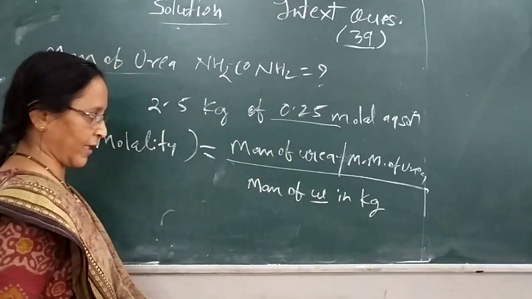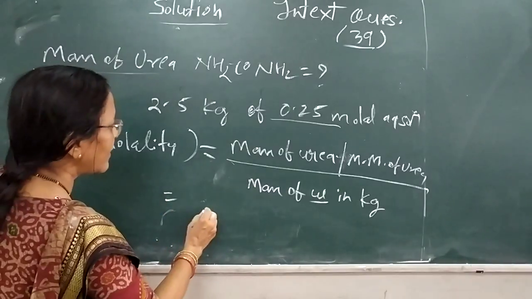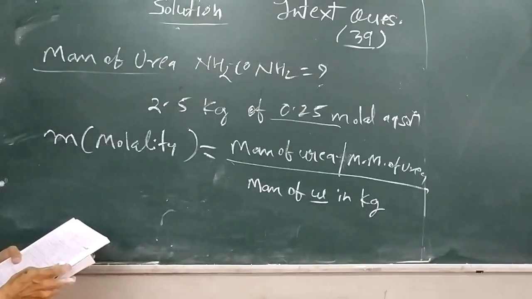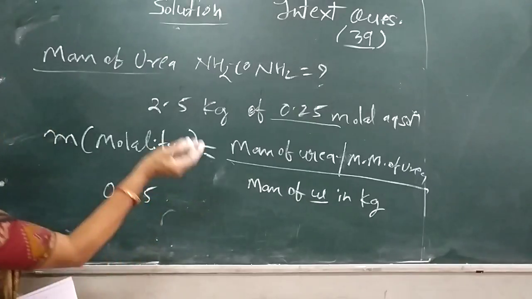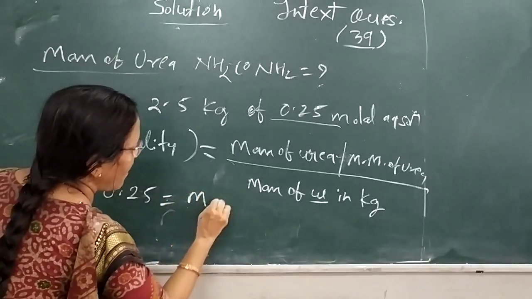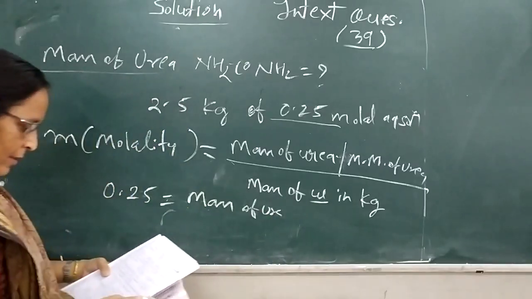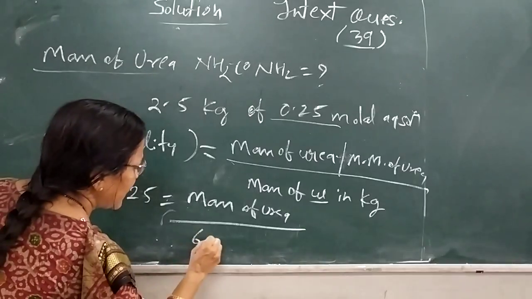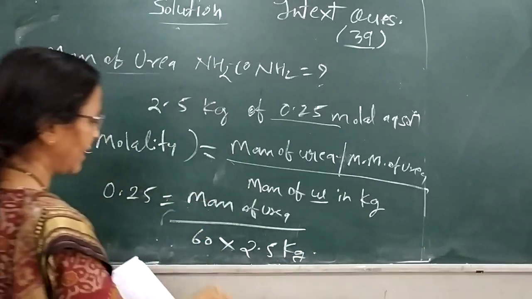So the mass of urea is unknown. The molality of solution is given, 0.25. That is what we have to make. Now mass of urea upon 60 into 2.5 kg, already given 60.